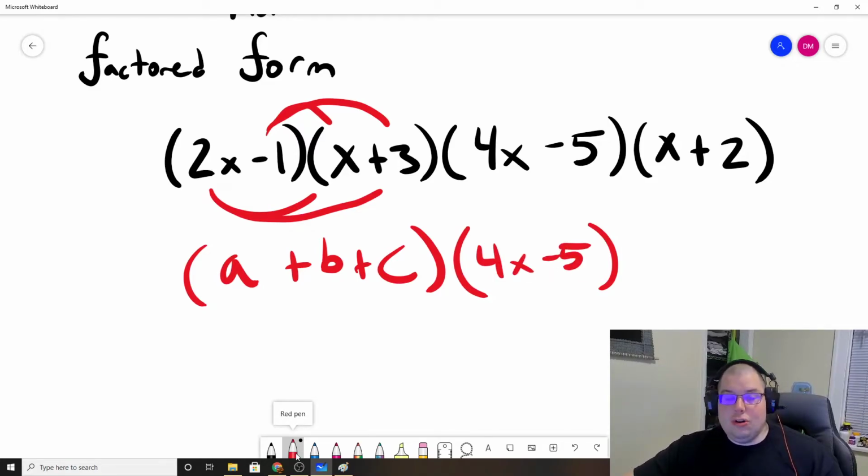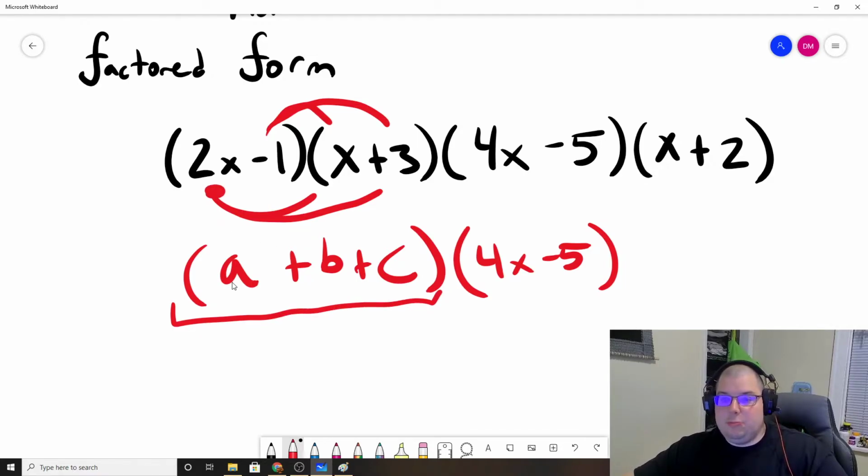And now your leading coefficient and your degree of this polynomial comes from multiplying these two things together. The 2x and the x gives you 2x squared in this case, and that's going to end up in the front of that next polynomial.